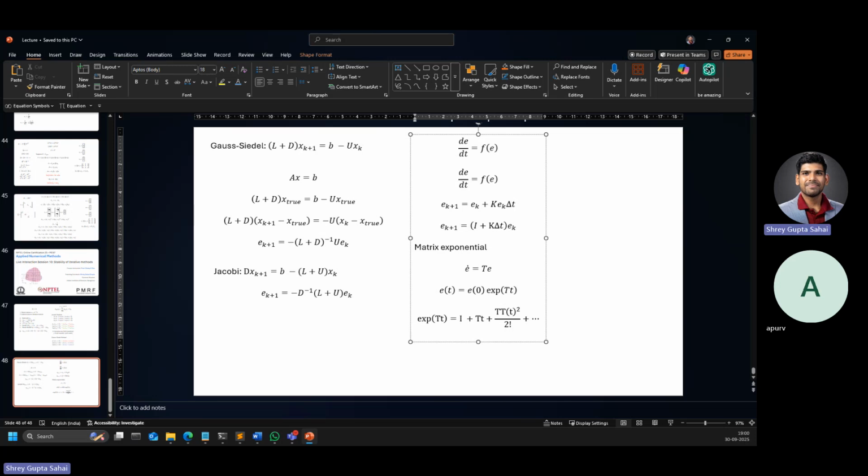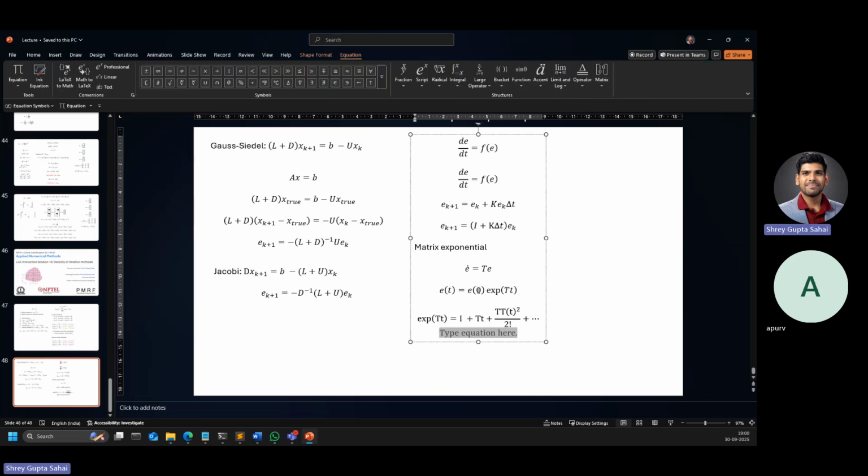One more thing is that the eigenvalues of this matrix will be e to the power lambda I of t.